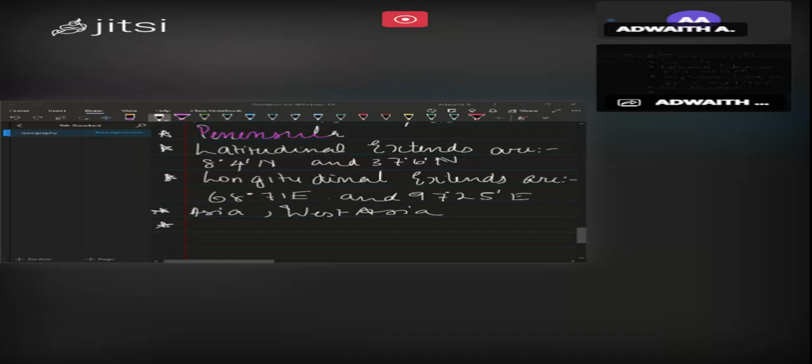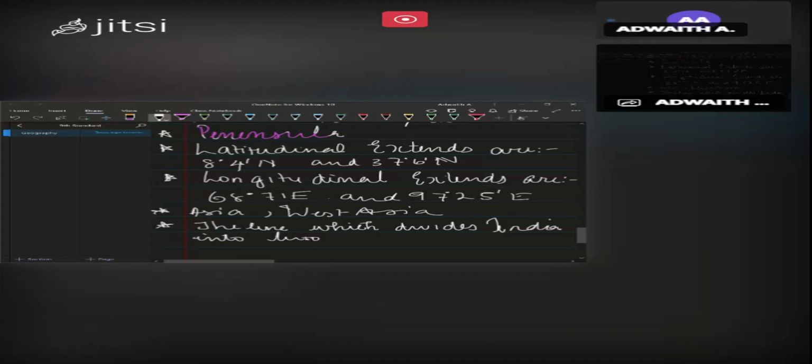What you note next is the line which divides India into two.